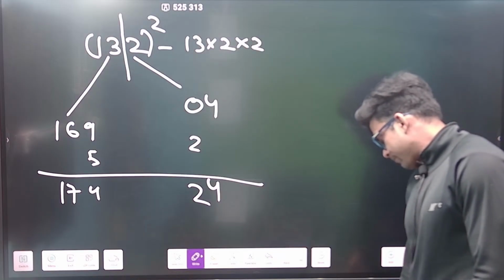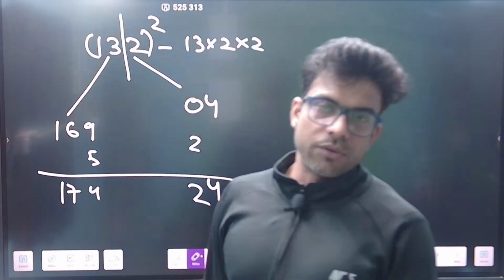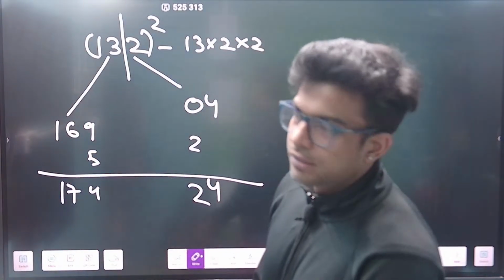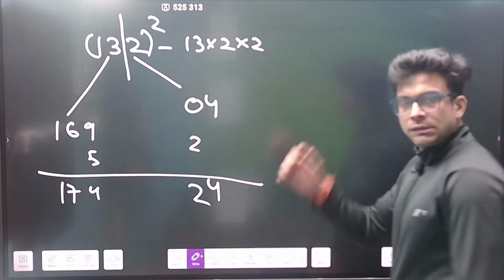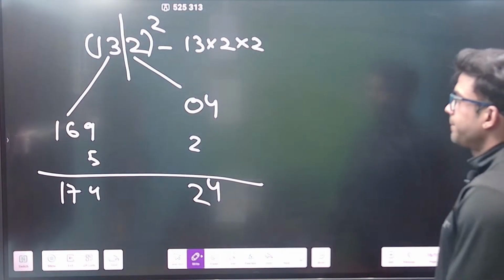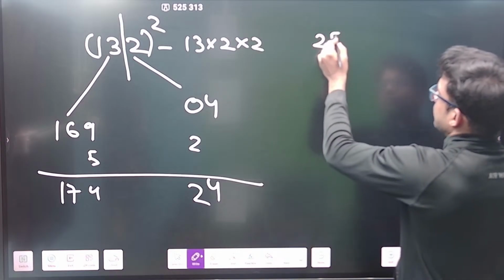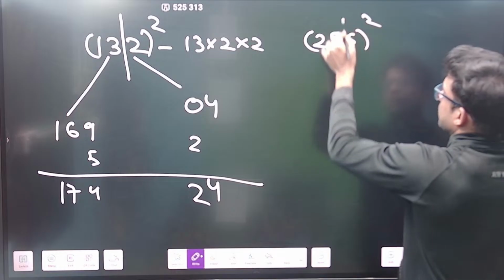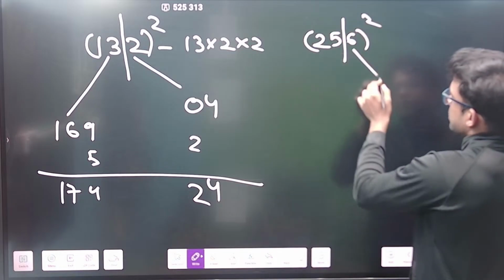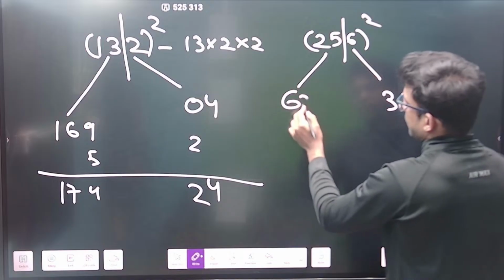Okay, so these are the simple rules which you can follow. Let me take one more example so that you can understand that sir is saying right. I'll take 256 ka square. Put one mark here. 6 ka square is basically 36. 25 ka square is 625.